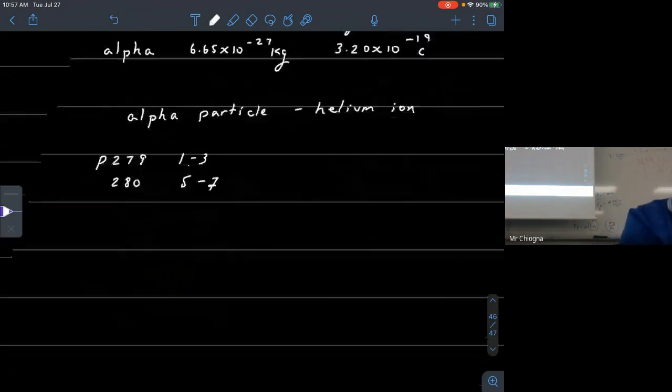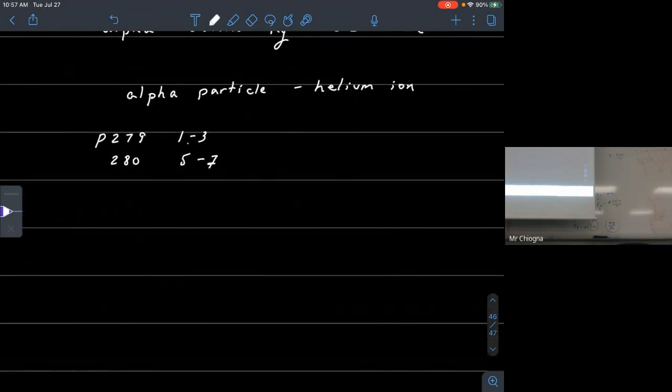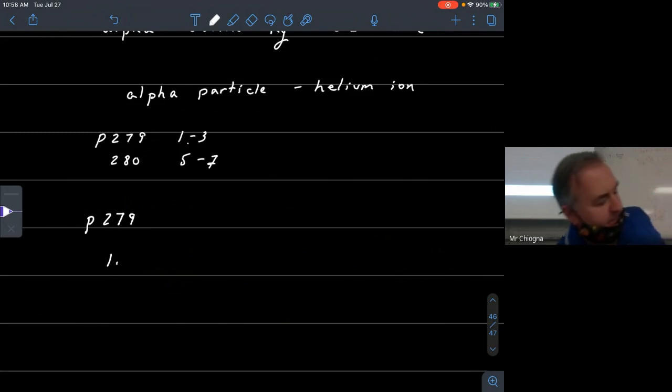Okay, let's go over page 279. Number 1. What's the magnitude of the field?